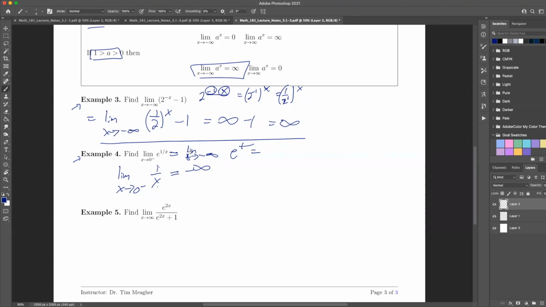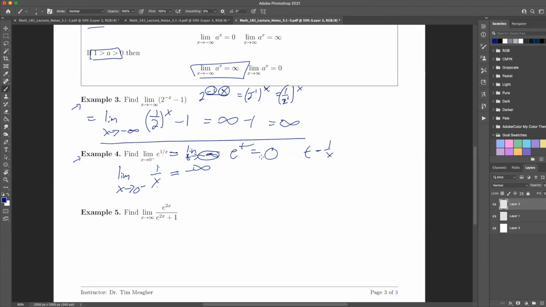So one of the things you can do is set t equal to 1 over x, and then I have to figure out where the limit went and send t to that. If I'm sending this to negative infinity, and it's e to the t, well, that equals 0.